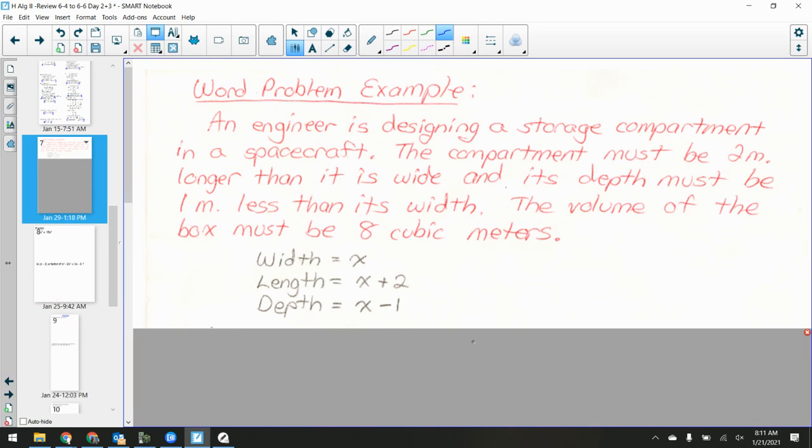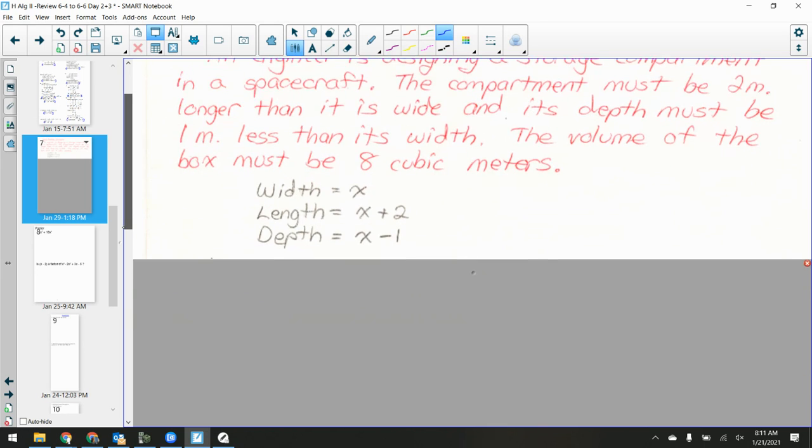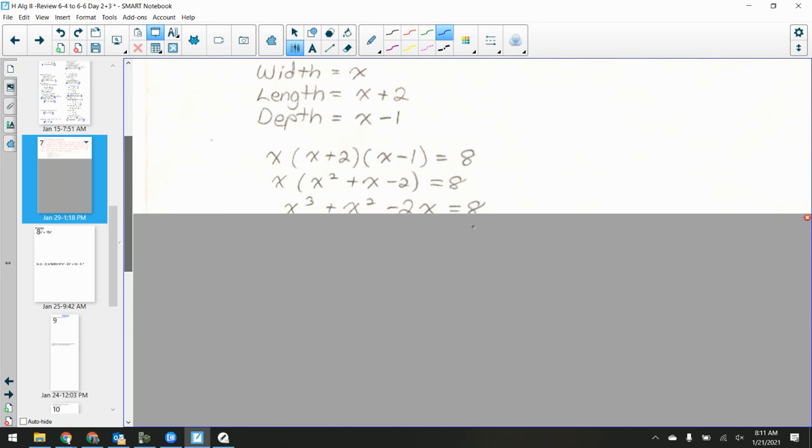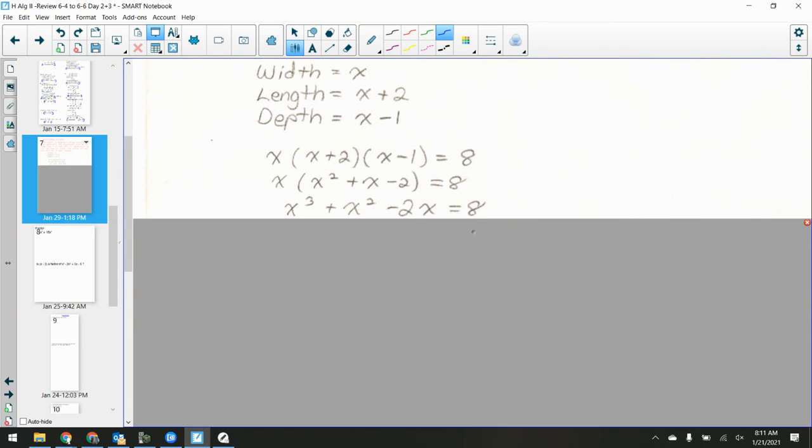And I multiply those together. So I get x cubed plus x squared minus 2x. And you set that equal to 8. And then you subtract that 8 over to the left side.